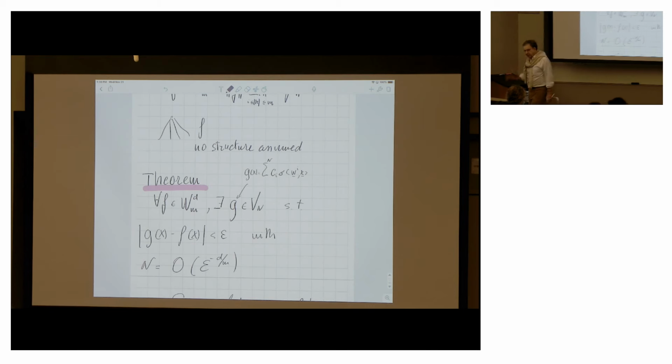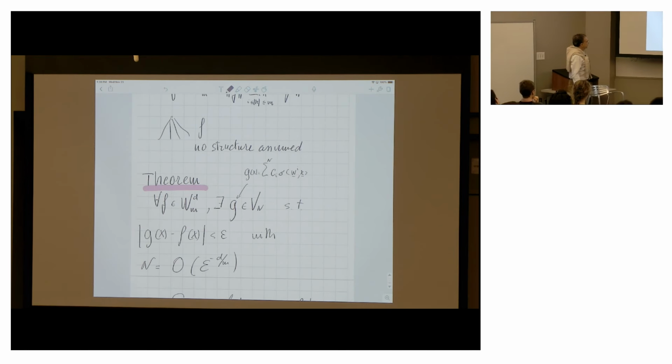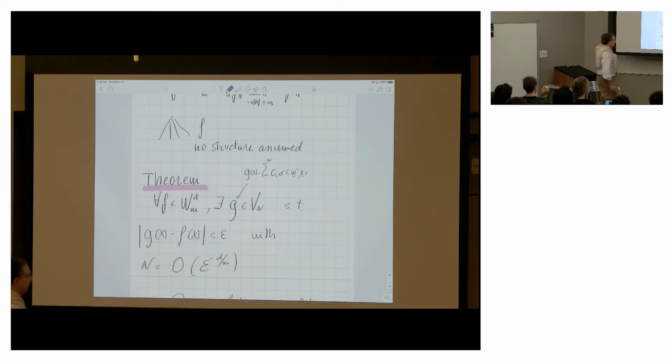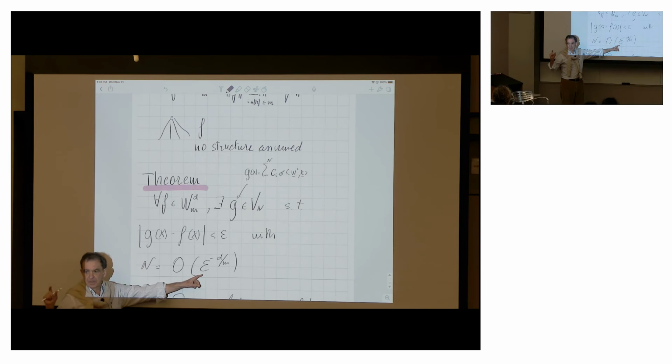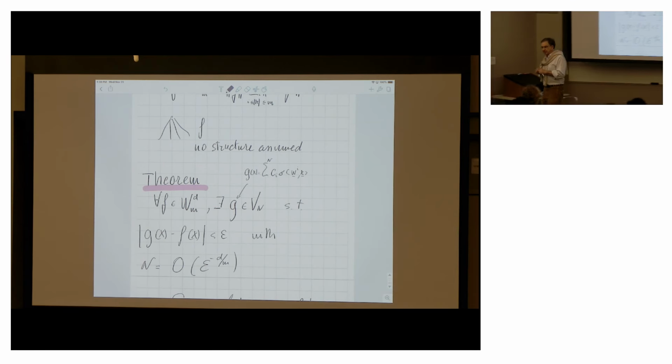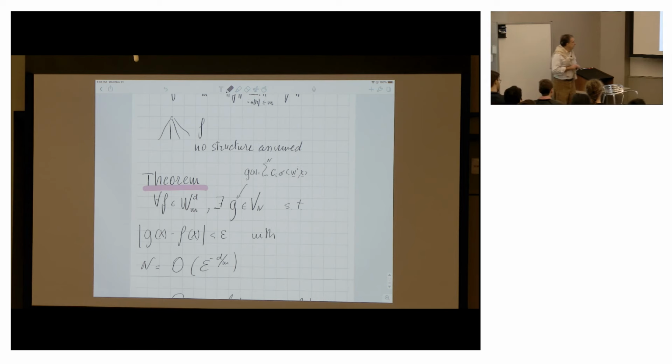So suppose, for instance, that I have no smoothness, so m is equal to 1. Then what this says is that if I want a maximum error of, say, 10%, epsilon is 0.1, and then the number of units I need is 10 to the d.